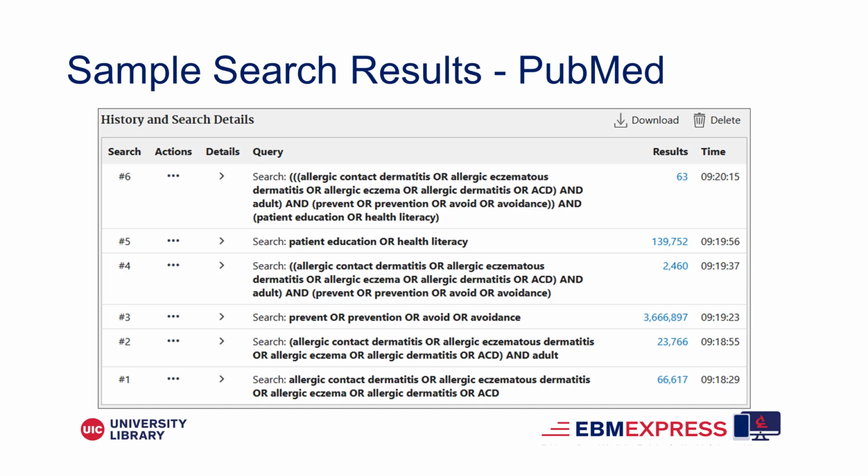From a sample search of PubMed, we begin with the elements of population, contact dermatitis, and adult, and then combine with the intervention of prevention. To further reduce the search results, combine the search with the comparison. With just 3 PICO components included in the search, we have a reasonable number of article abstracts to review.